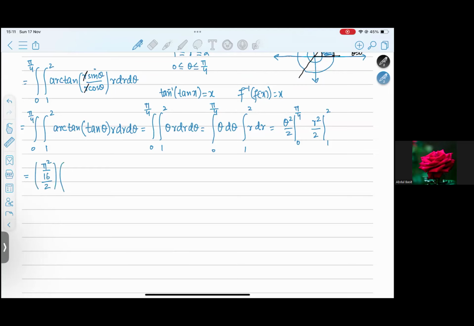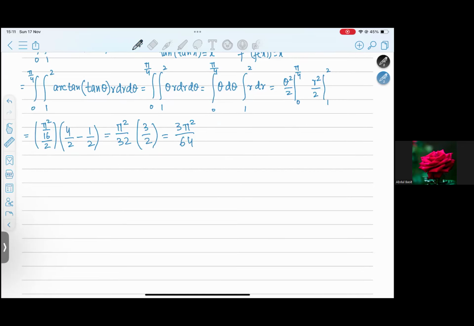I'm skipping that. And r is equal to 2, I get 4 over 2, minus if r is equal to 1, I get 1 over 2. So this is pi square over 16 over 2, which is pi square over 32, and 4 over 2 minus 1 over 2 is 3 over 2. So this is 3 pi square over 64.